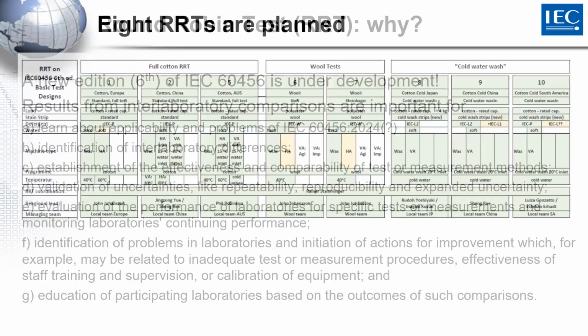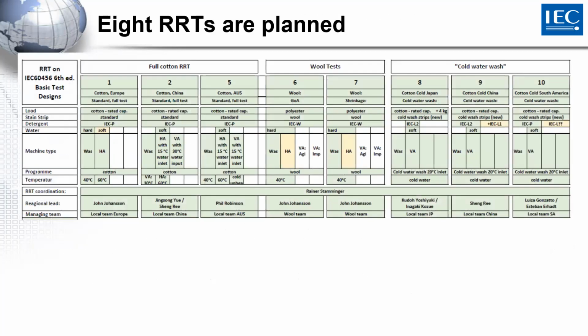But actually, it's not just one round-robin test which we are doing. We have actually 8 round-robin tests which we are planning. And I want to introduce you shortly to these round-robin tests so that you get also some overview.